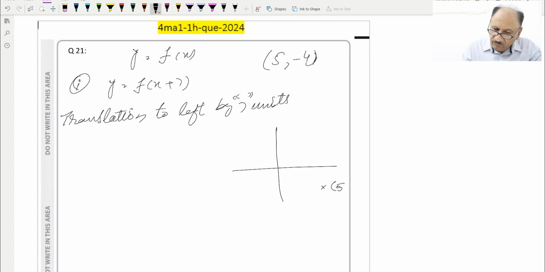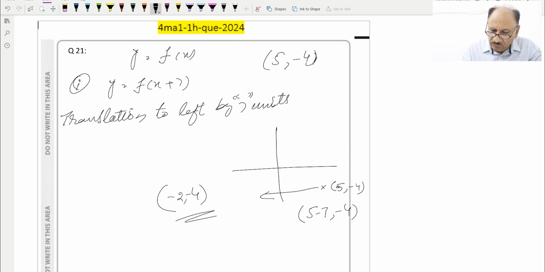It will be moved 7 units to the left. So only the x value will change, and the y value will remain as it is. So 5 minus 7 will be minus 2 and minus 4 will remain as it is. So this will be our answer. Instead of 5 we write 5 minus 7 and minus 4 as it is, and the coordinates will be minus 2 and minus 4.